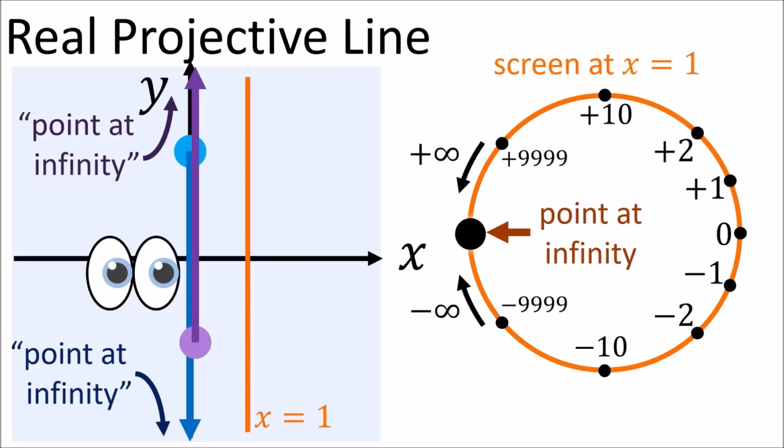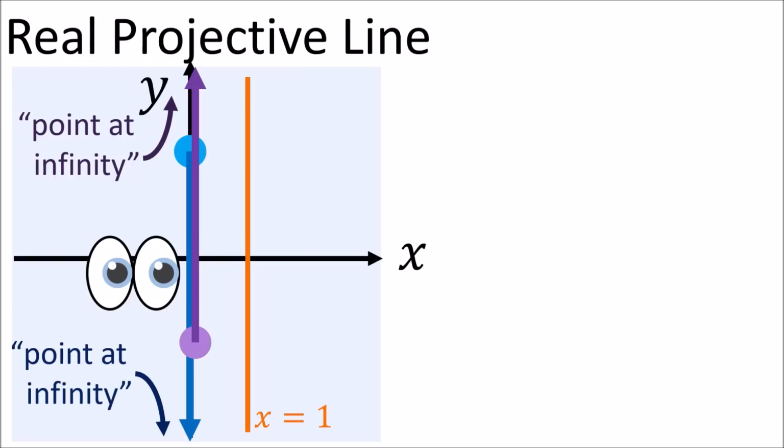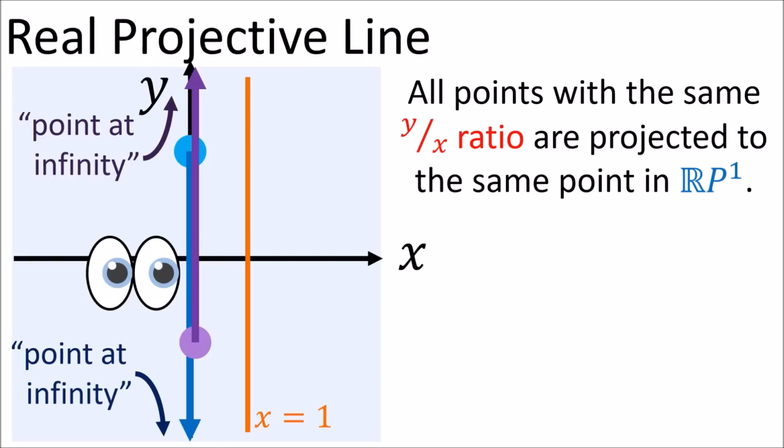This idea of a point at infinity might make you feel uncomfortable, but this is a perfectly valid mathematical object in projective geometry. It's just an extra point we include for projecting points parallel to the screen. Just remember that all xy points with the same y/x ratio get projected to the same point on the real projective line.